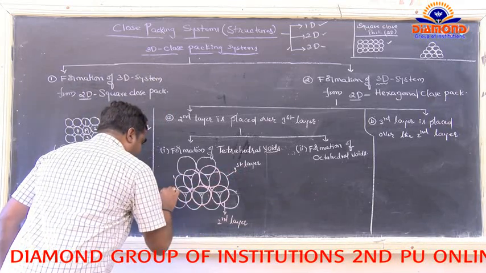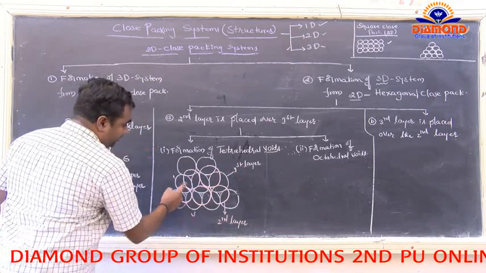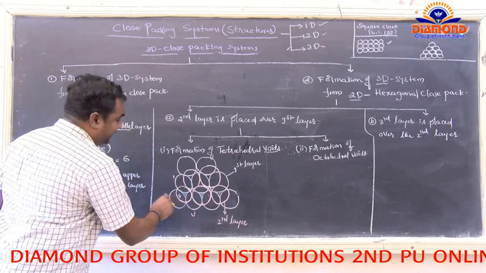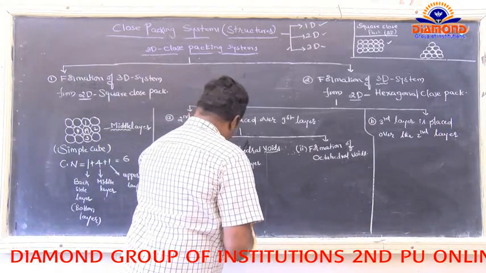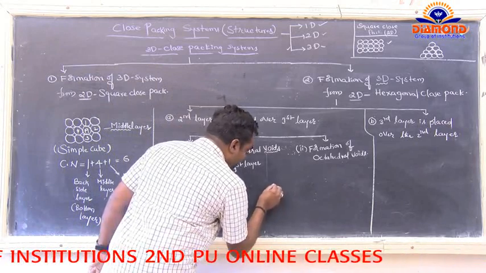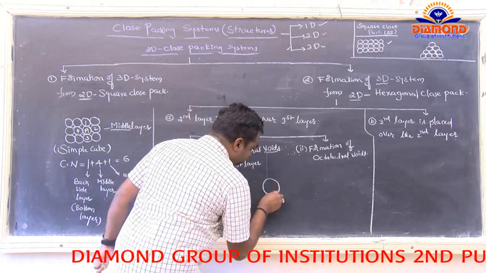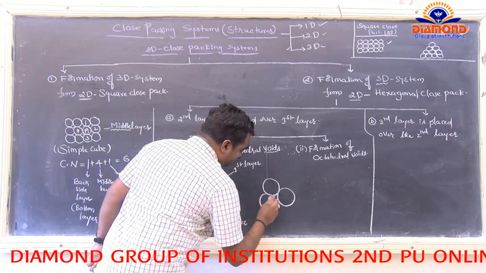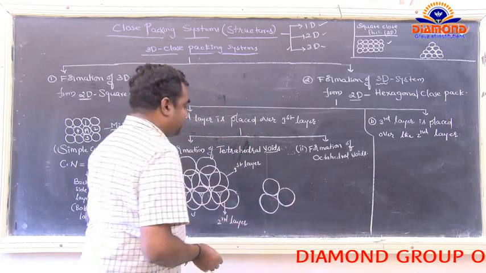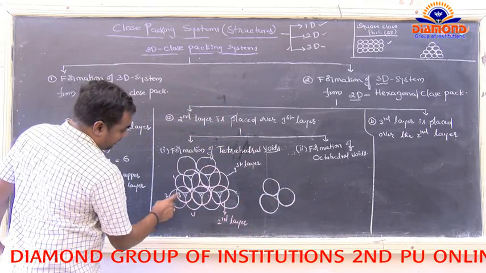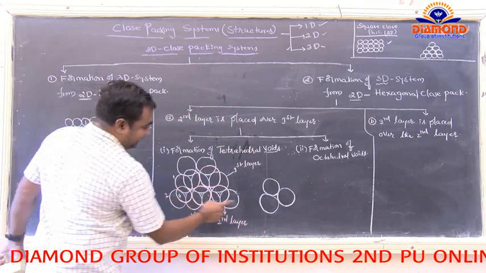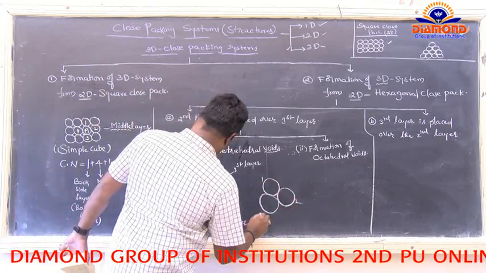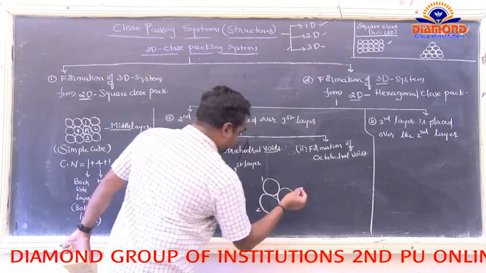So here are the 3 atoms, 1, 2, 3. Pick up these 3 atoms and draw them here.